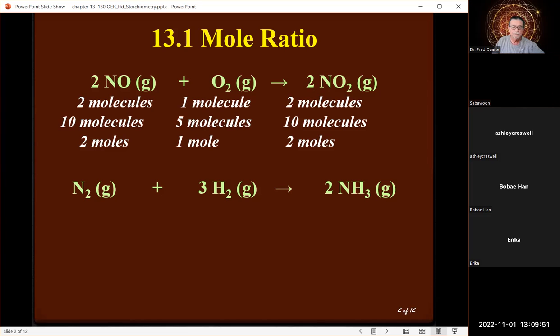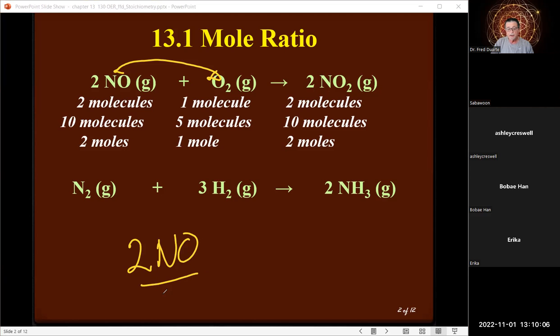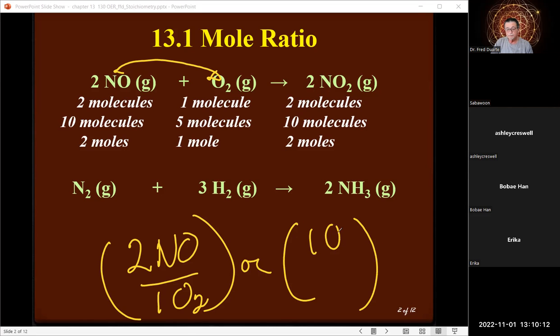So the stoichiometric relationship between NO and oxygen is a 2-to-1. So we have a ratio here that we can write with 2 NO in the numerator and 1 oxygen in the denominator, or inverted.